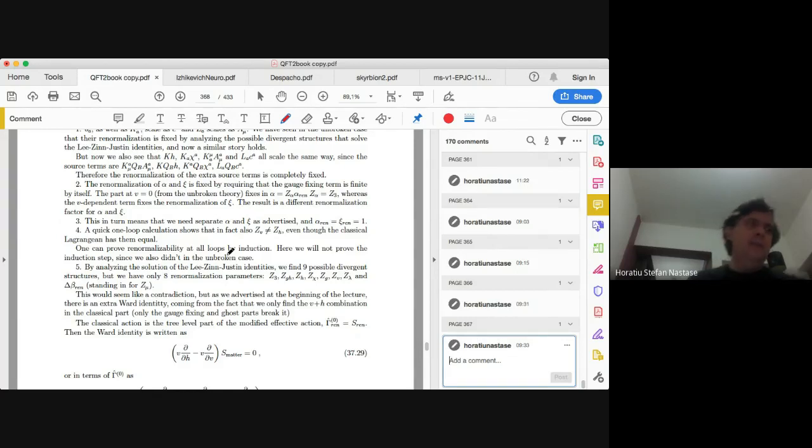This was done by 't Hooft and Veltman, and they proved renormalizability at all orders, and the proof is, again, as in the unbroken gauge case, by induction. So one only needs to prove the induction step, but we didn't prove it in the unbroken case, so I didn't prove it here either.